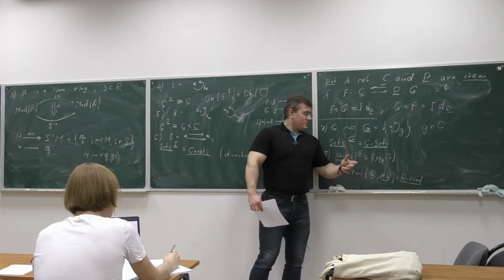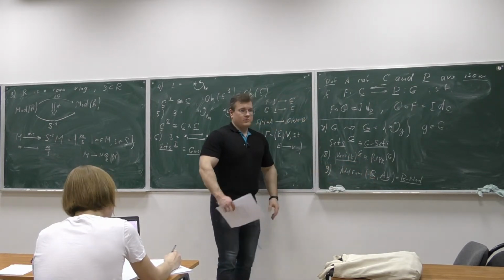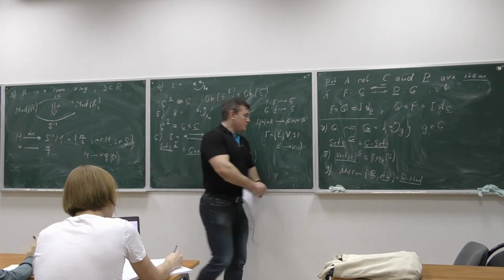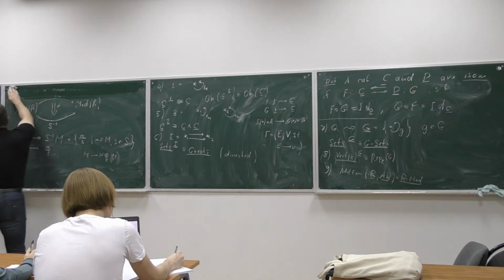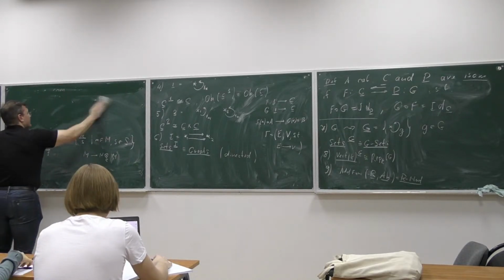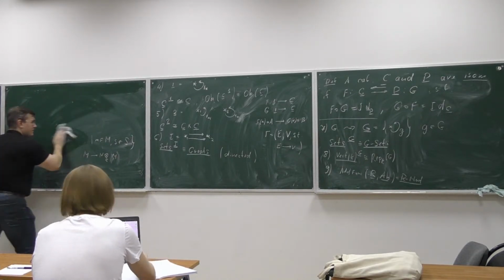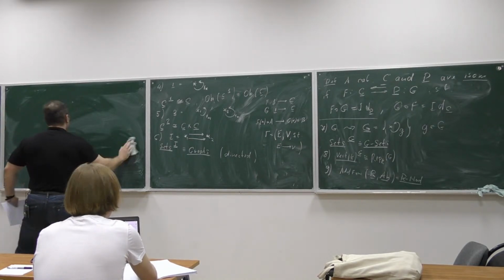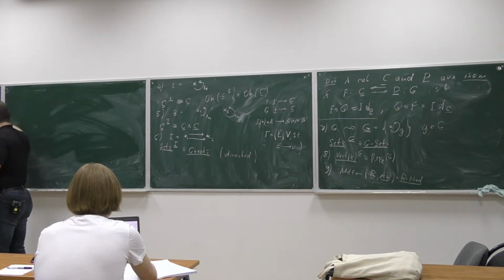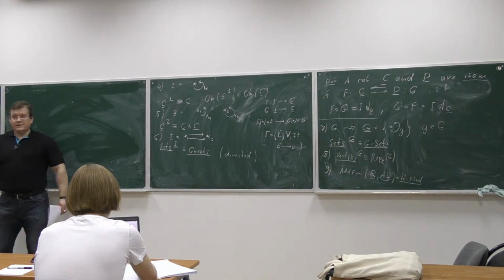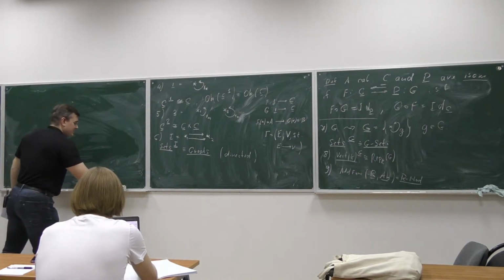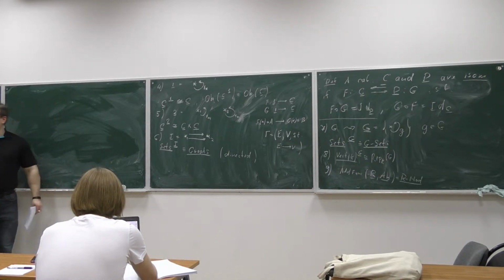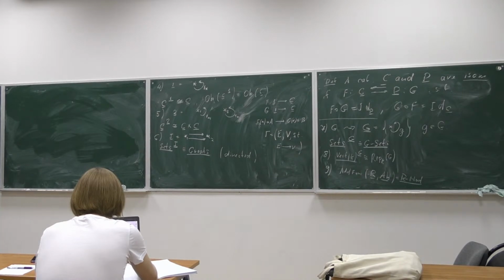So the map on the home sets respects this addition, so respects the structure of the abelian group. Additive functors, we're going to return to this later. Since we need these additive functors, we postpone this example.